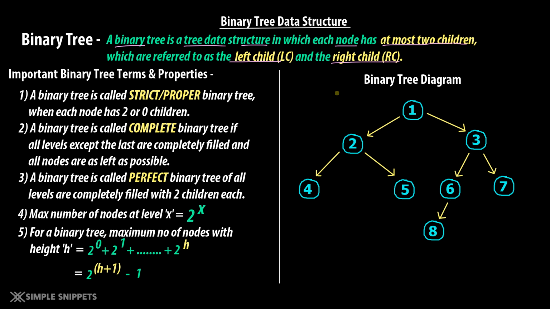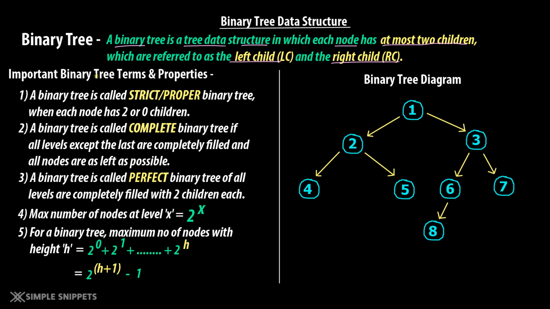So in general, a generic tree can have multiple children. So every node can have 1, 2, 3 and n number of children. But binary tree is a special kind of tree where you can have only two children per node. Okay, so that's the unique definition of a binary tree.